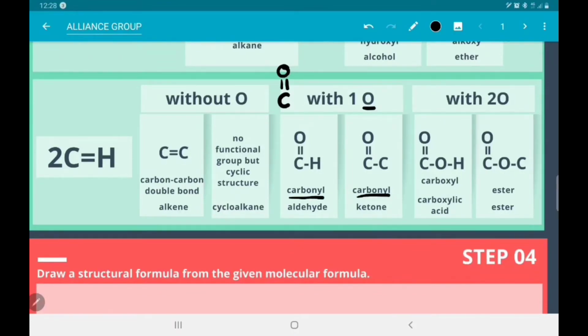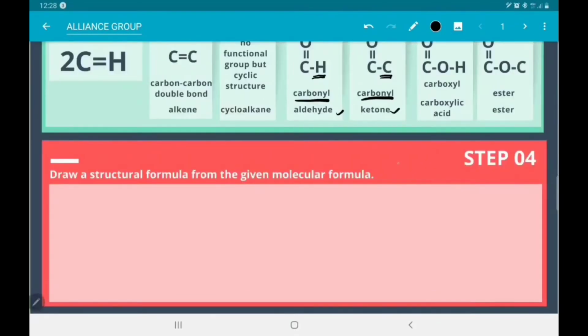When we want to write the structural formula, we must know that for C double bond O, we have 2 homologous series, which are aldehyde and ketone. Aldehyde is when C double bond O is bonded with hydrogen, and ketone is when C double bond O is bonded to another C. So now the molecular formula is C3H6O and we want to write a structural formula.